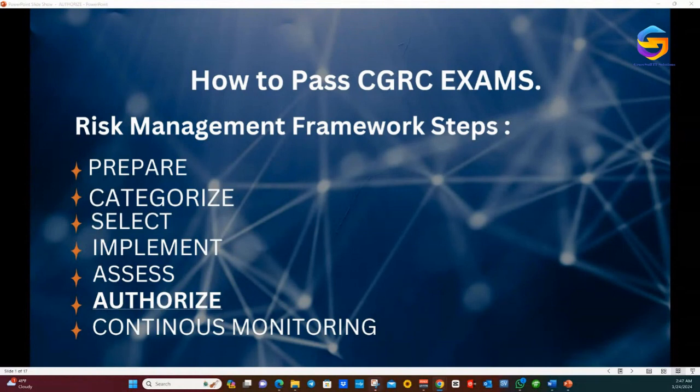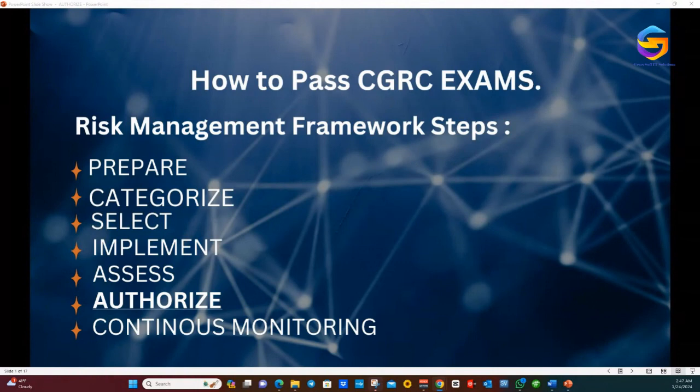So in our previous video, we started looking at the various tasks in the authorization step, and we said that the first task is the authorization package. We also looked at the risk analysis and determination. Now, the third task, that is what we're going to look at today, is the risk response.